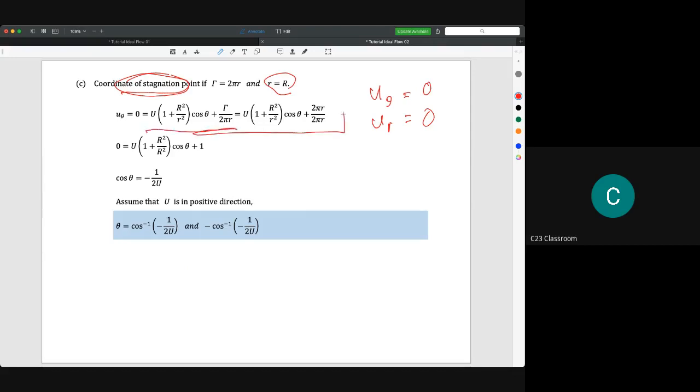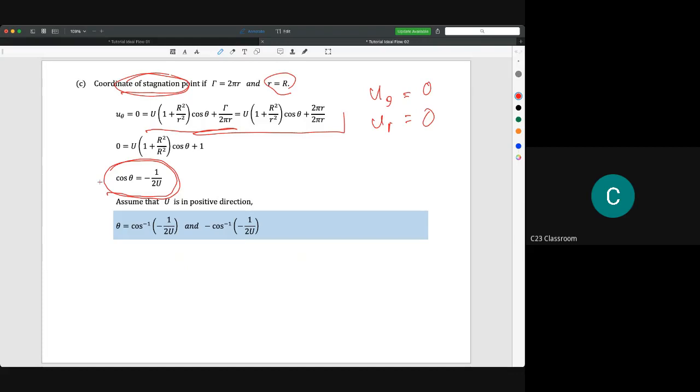Then we substitute r equal to capital R and gamma is 2 pi R. Finally we could get cos theta equal to negative 1 over 2u. We assume that u is in the positive direction, for example, to simplify this. So theta is the inverse cos of negative 1 over 2u, and negative inverse cos of negative 1 over 2u.